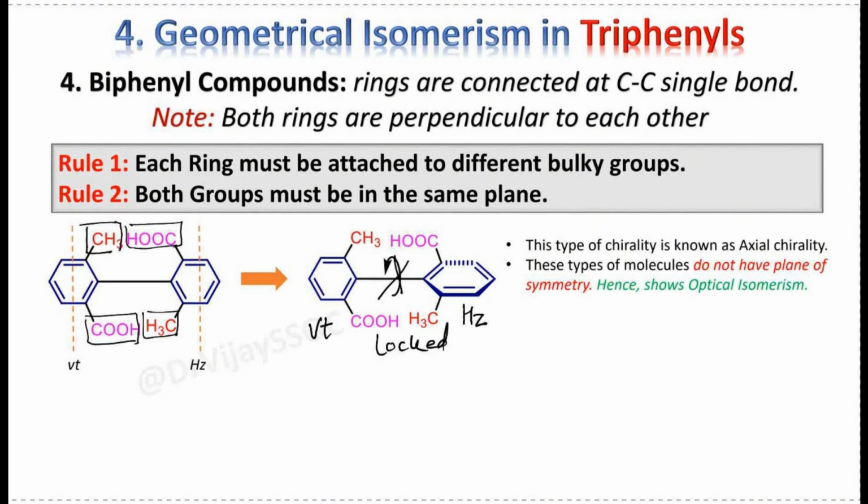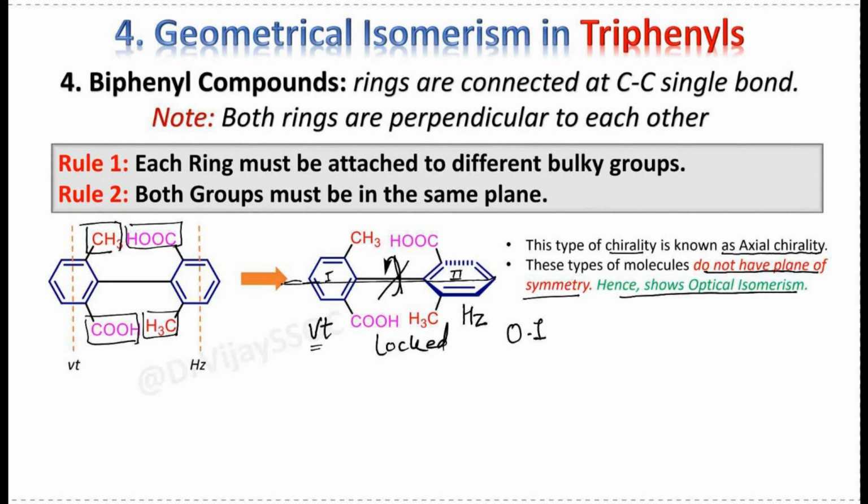Let's say the first ring is in the vertical plane and the other ring in the horizontal plane. So if you pass the horizontal plane through this molecule, you can't divide it into identical halves. So this compound doesn't have a plane of symmetry, and hence it will show optical isomerism. As I told you, this type of chirality is known as axis of chirality. What does it mean?